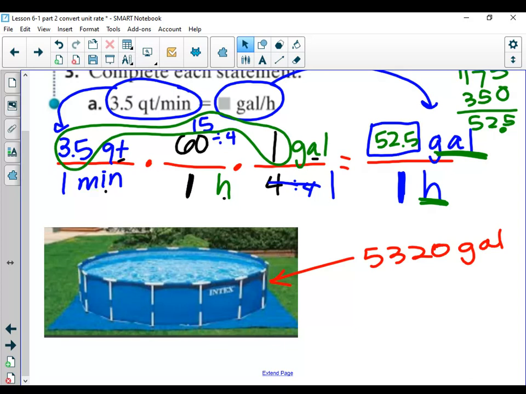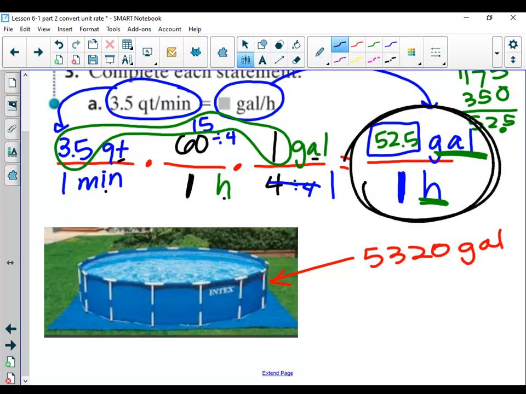So, if the pool took 5,320 gallons, and the fire truck could pump it out at 52.5 gallons per hour, now we would know how long the fire truck needs to stay.